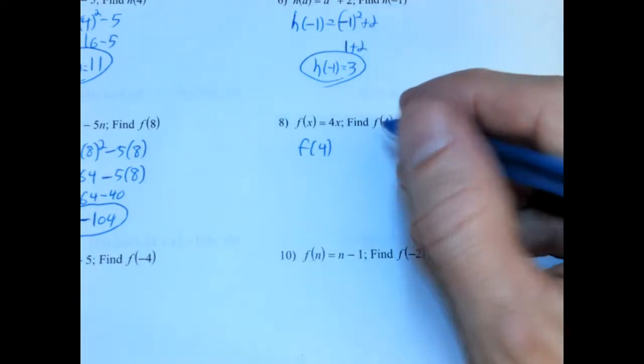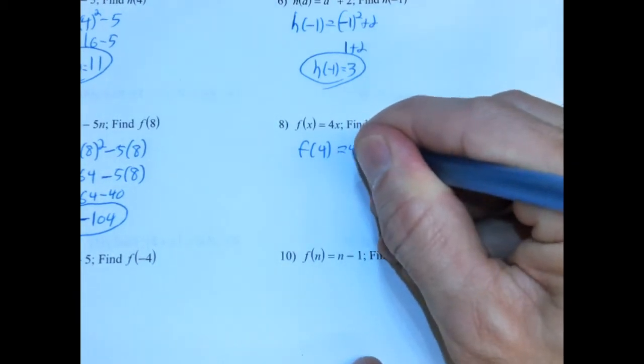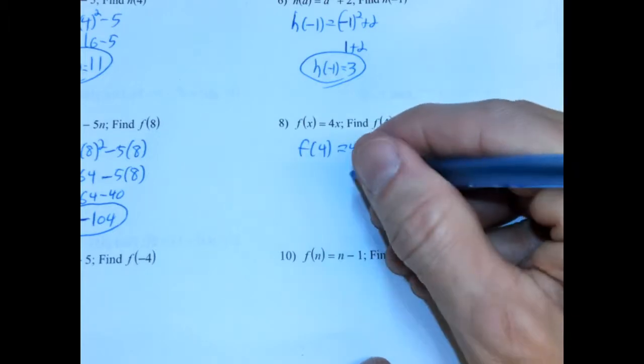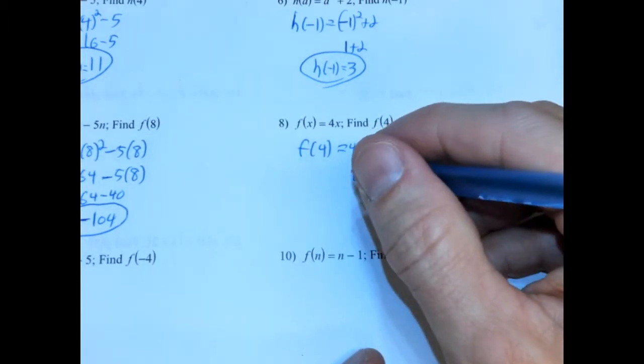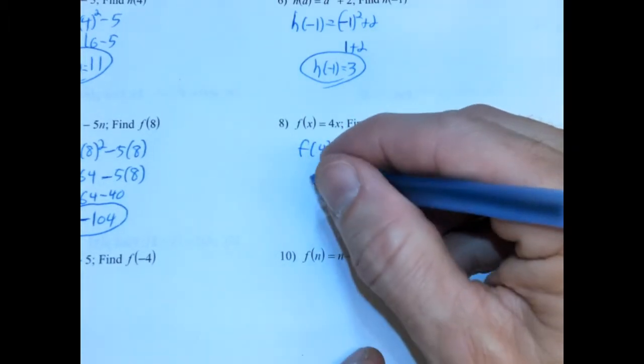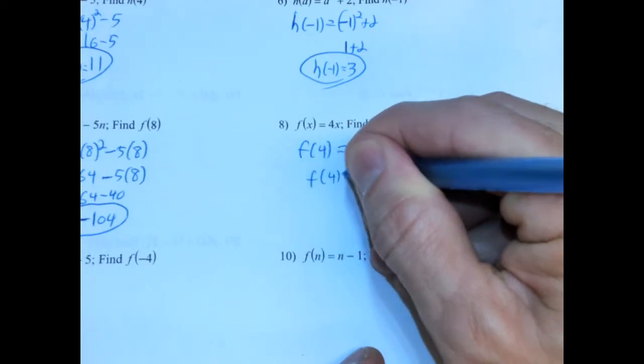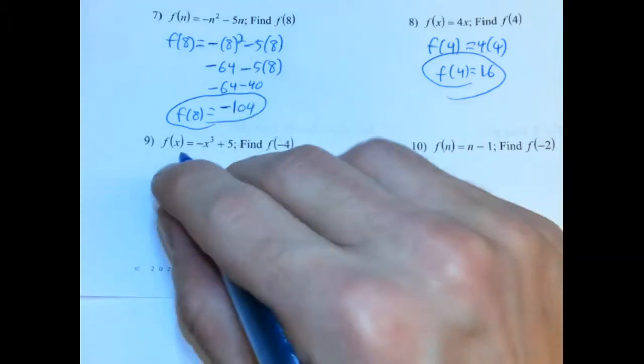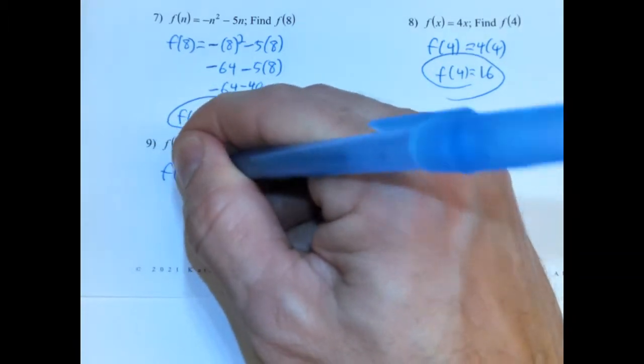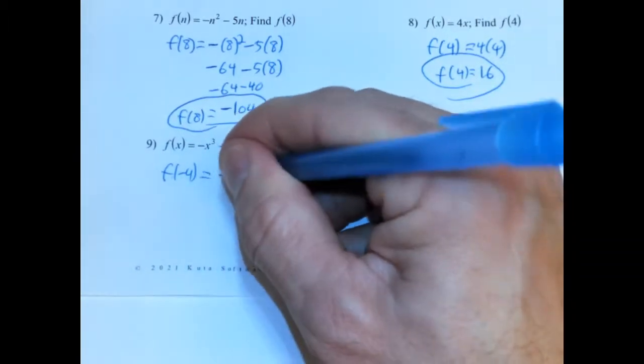All right, so anyway, 4 times 4 is going to be 16. So f of 4 is 16. Okay. And then f of x function, f of negative 4. So again, be careful of the sign here.